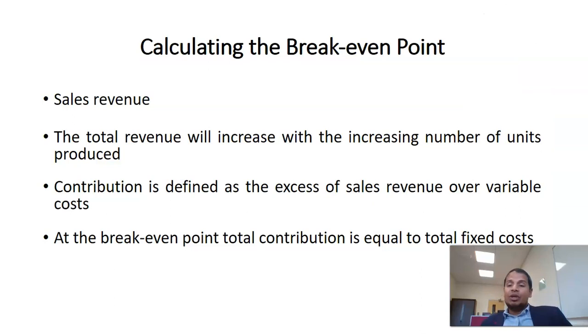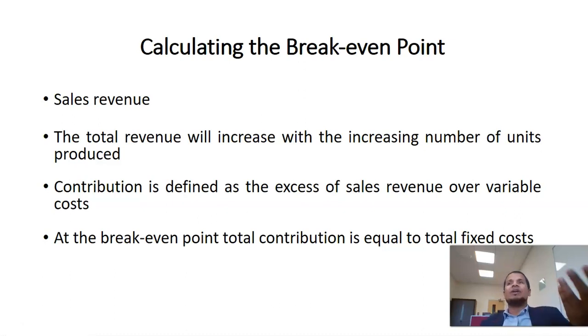How much does ABC Mountain Bikes Limited need to produce to be at the break-even point? As I mentioned before, to calculate the break-even point, we need to calculate total sales revenue and total cost. The total revenue will increase with the number of units produced, obviously. And what is contribution? Contribution is total sales minus total variable cost.